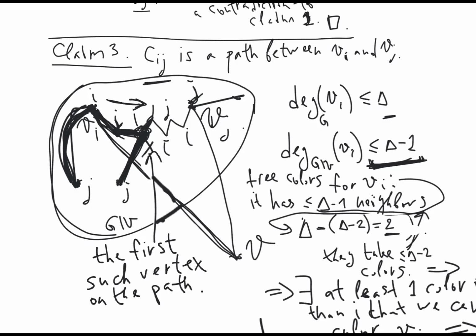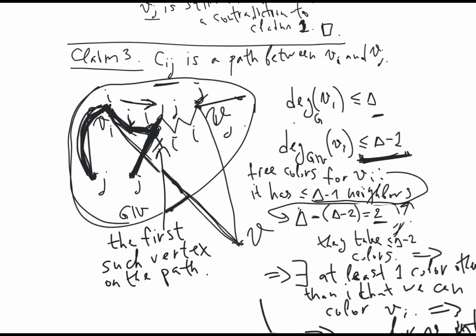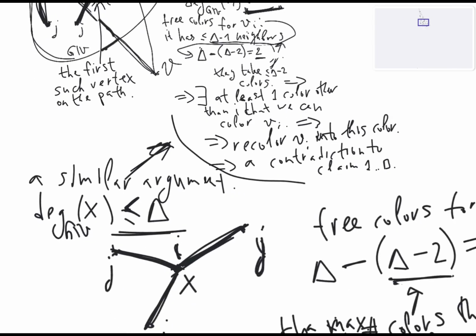If not, we move to the next one, and so on. The first time we arrive at a vertex that is connected to some other vertex of color i or j that is not on the path, we denote this vertex by x, and we do what we previously did. So it's not an arbitrary vertex on the path, but the first on the path when moving from vi to vj.